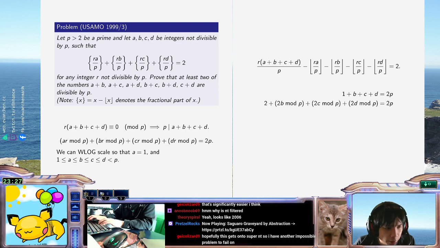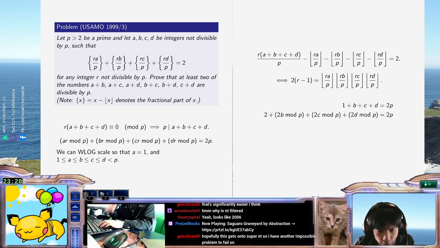So the problem statement is equivalent to 2r minus 1 is equal to that. Okay. I don't know if that's actually any better. I was curious what the floor equation would say.